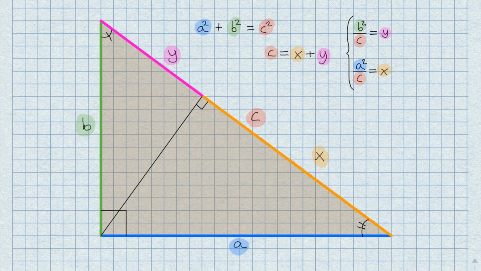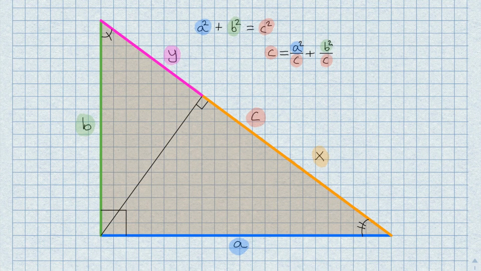If you remember, in an earlier step we split c into x and y, so therefore we should be able to substitute x and y with their respective fractions that we have just established. Now we have that c equals a squared over c plus b squared over c.